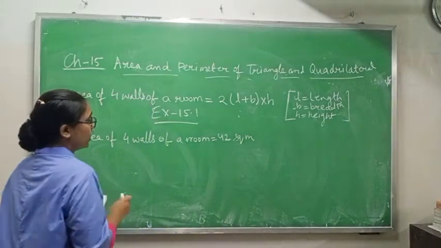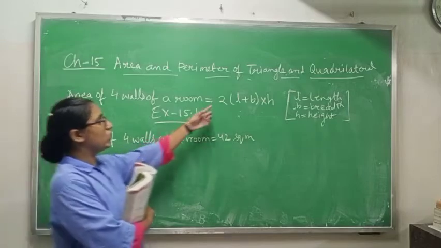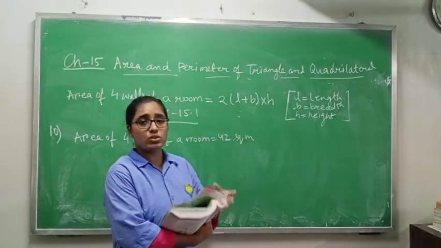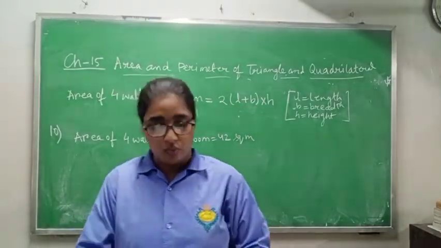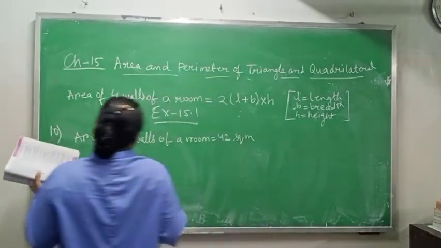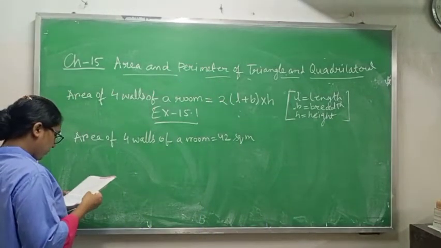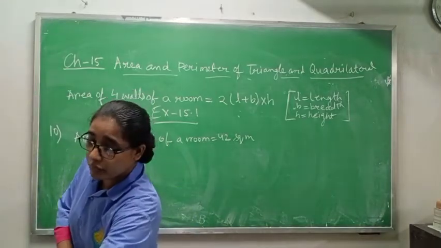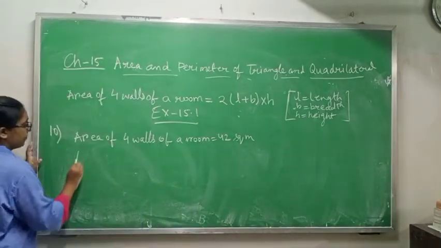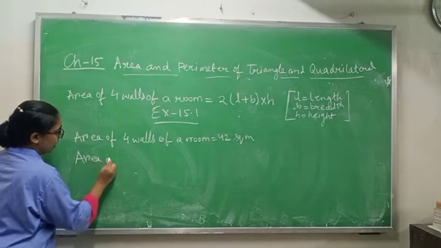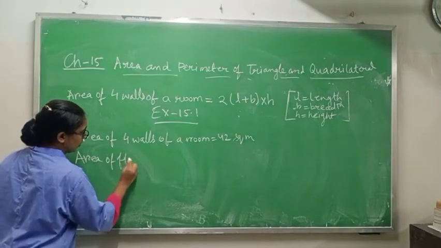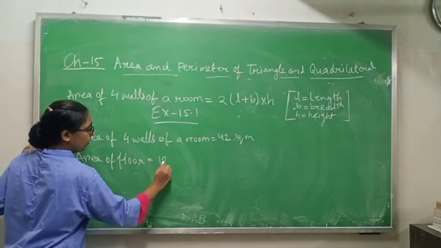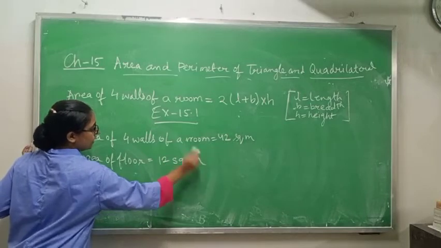It means 2(L plus B) into H equals 42. Next, the area of floor is 12 square meter. Area of floor equals 12 square meter.